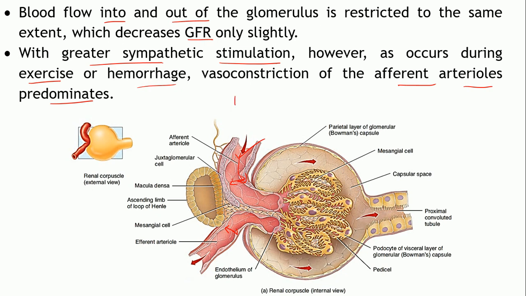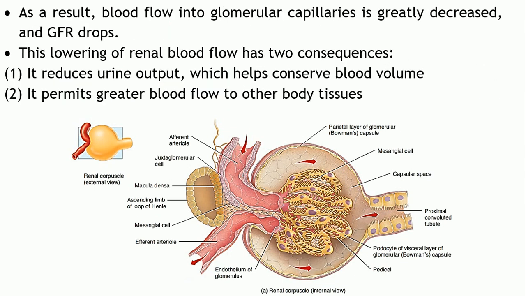Yes, obviously it will decrease the GFR. Okay. So it will result in a fall in the GFR. As a result of this, urine output will get reduced, and it will also permit the greater blood flow to other body tissues, right, because here the blood flow is reducing to your renal corpuscles.